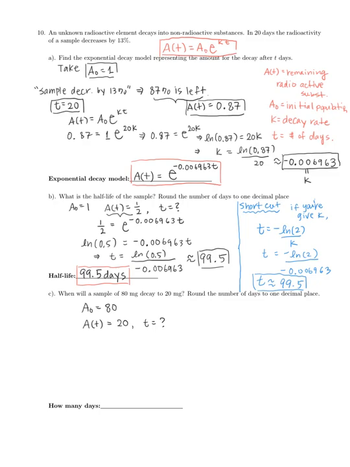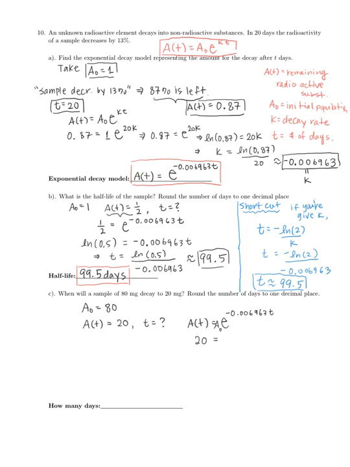Okay, so we're going to use the model that we got in part A. So what do we got? Our model looks like A of t equals a sub 0 times e to the negative 0.006963 t. Alright, so here our A of t is 20. Oh, sorry, I forgot a sub 0. In this case, we're given a sub 0.